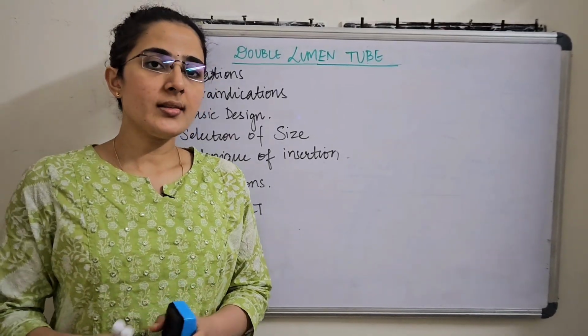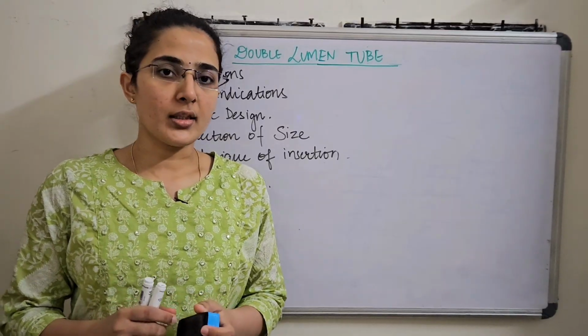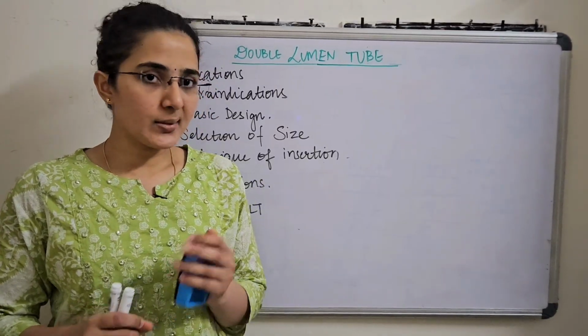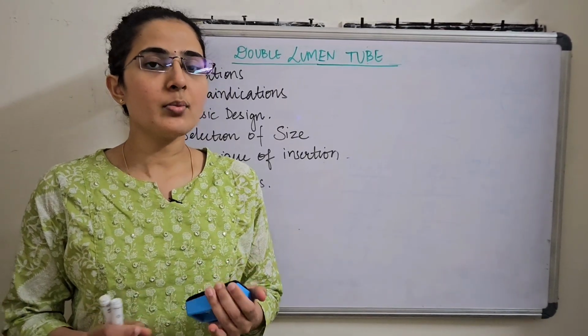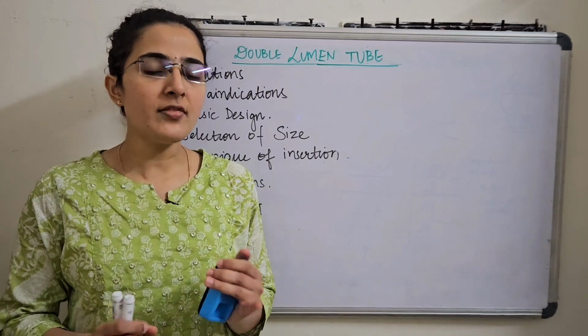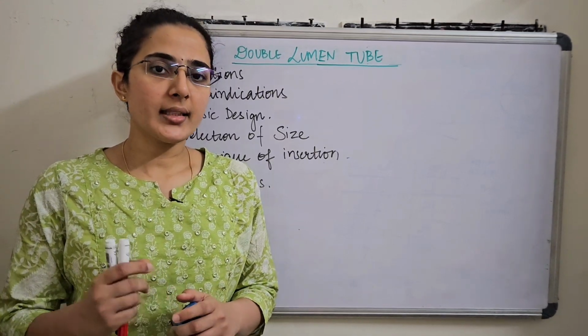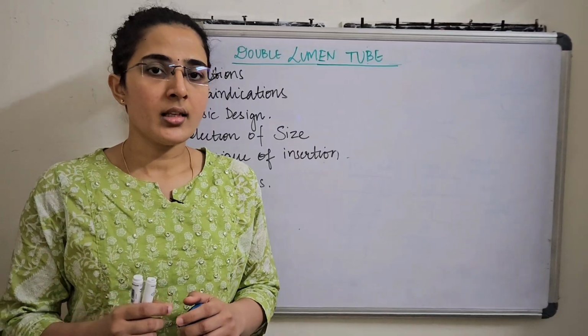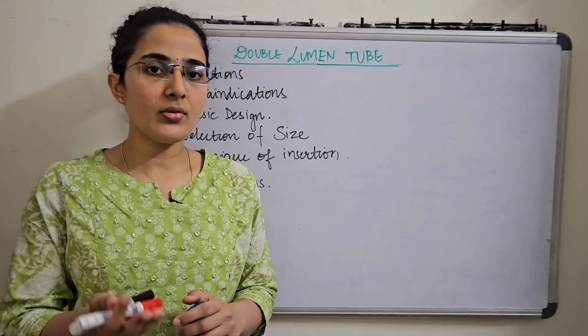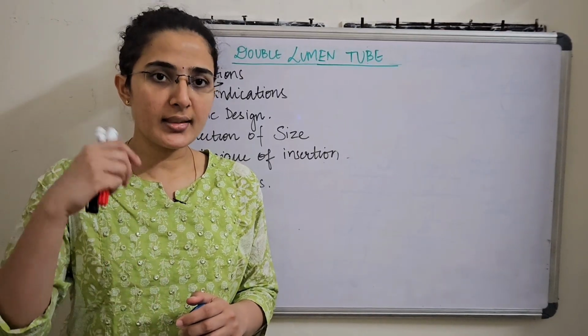So after this, how do we insert the double lumen tube? A laryngoscopy is performed by the standard technique, pushing the tongue from right to left. We visualize the glottis and the double lumen tube is inserted along with the stylet, with the curve of the bronchial side facing front.